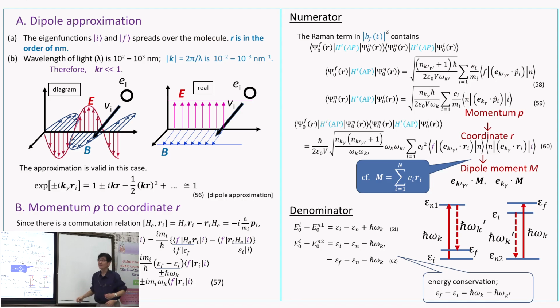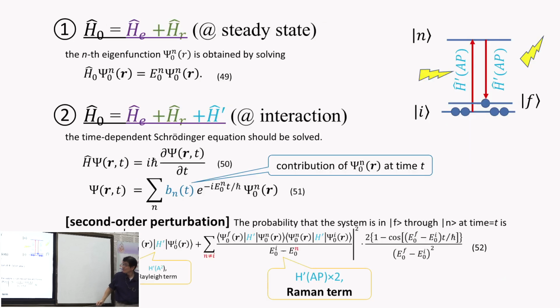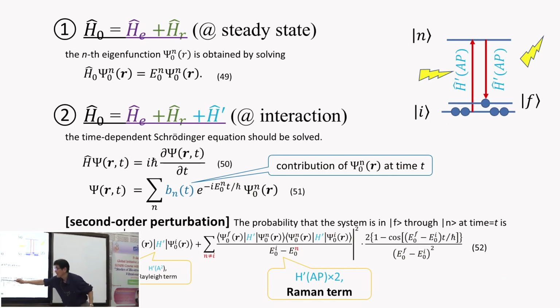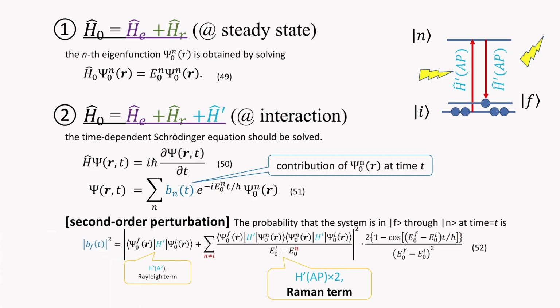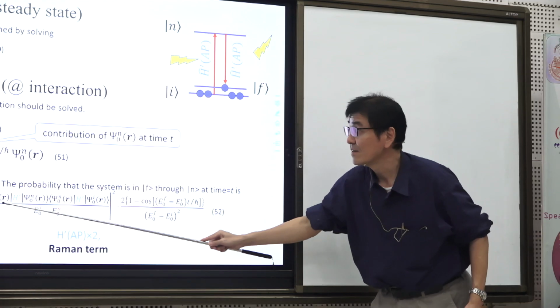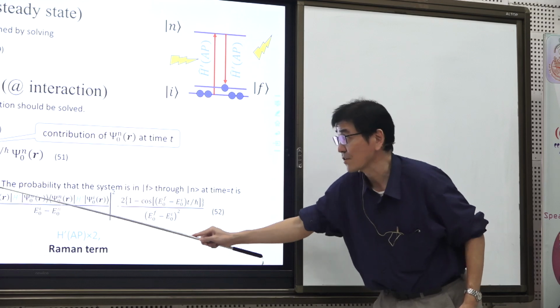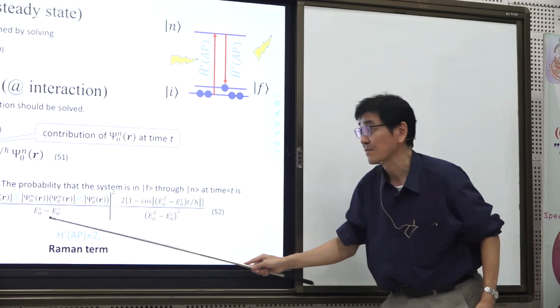Okay, so in summary, we want to derive the equation further, and consideration is separately done for the numerator and denominator.